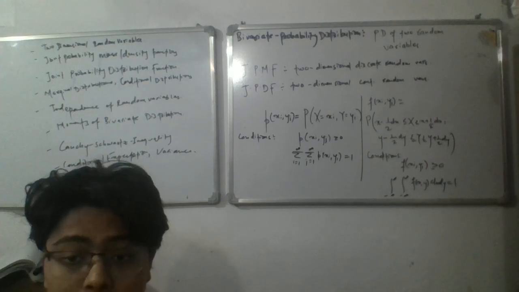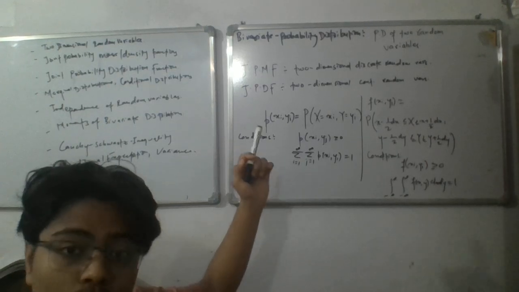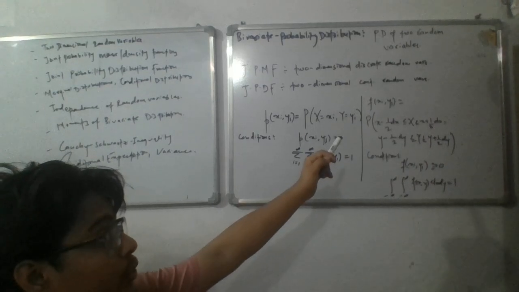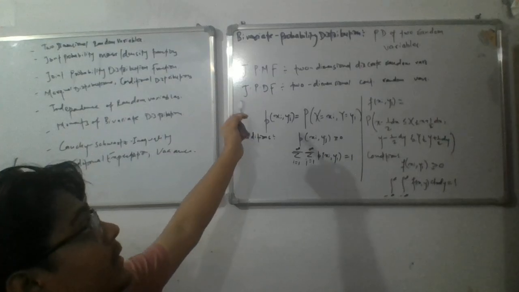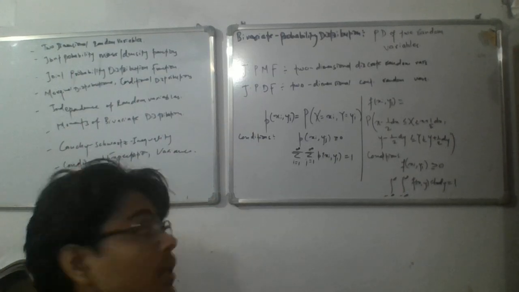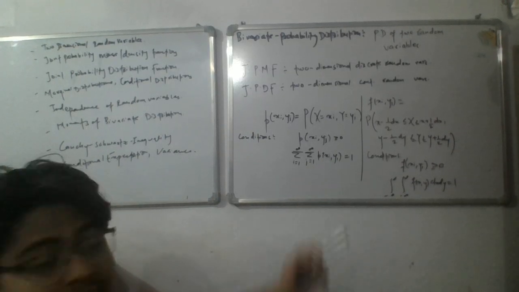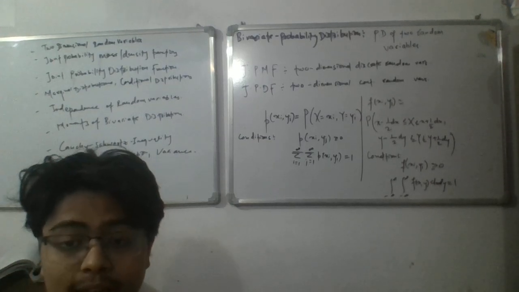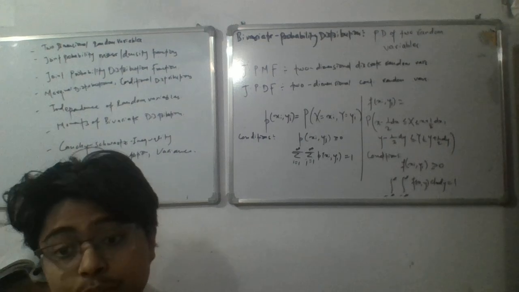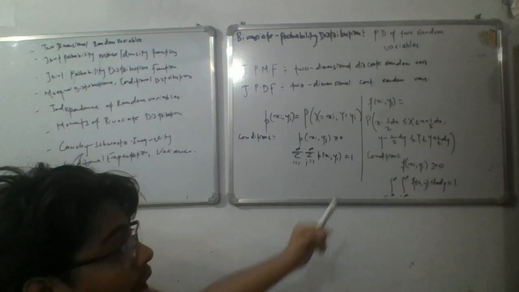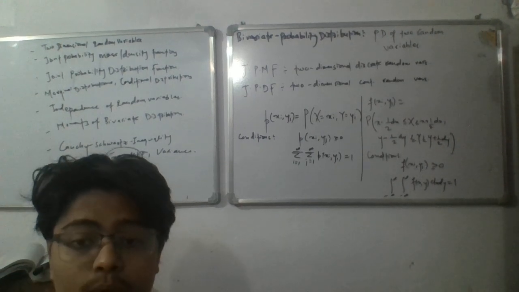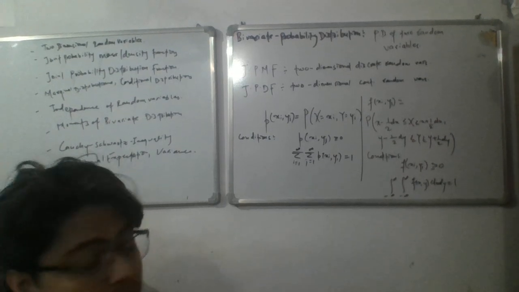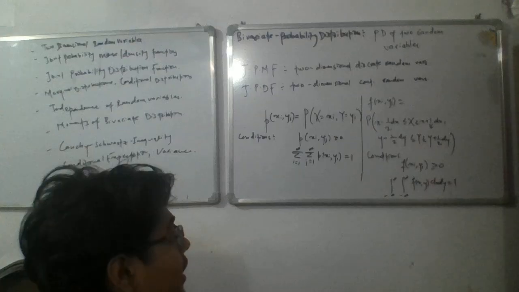So again, the same thing for continuous random variables. We use JPDF, that is joint probability density function. A density function is defined over an interval, so we don't say that x equals 3. We say x lies between 3 and 5. If we do such interval-wise calculation, we use the joint probability density function, and there are the same conditions but in a different form.